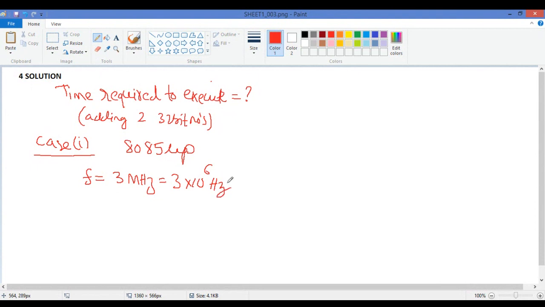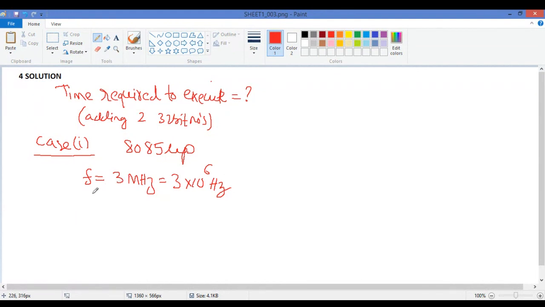Hertz is the unit of frequency. So f is equal to 3 megahertz.